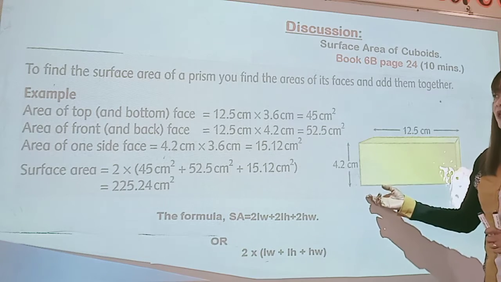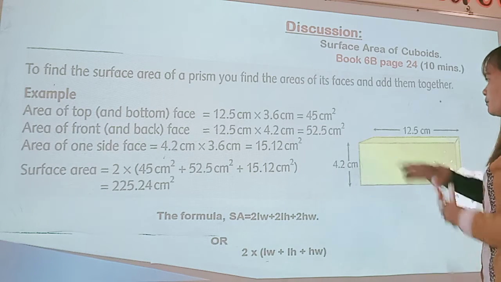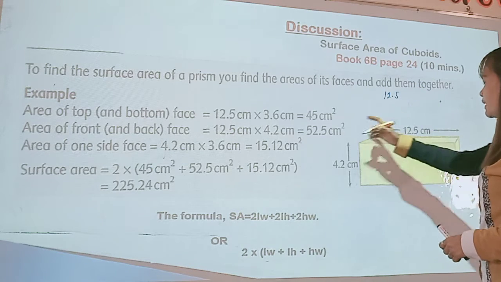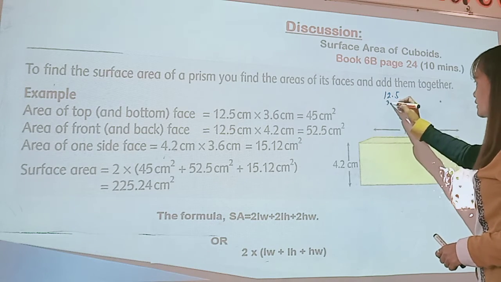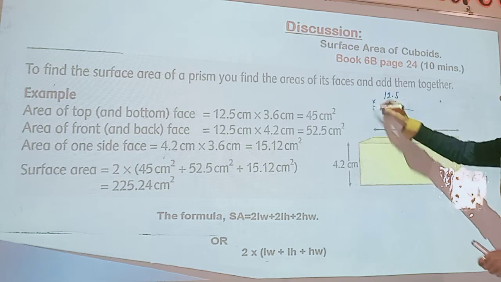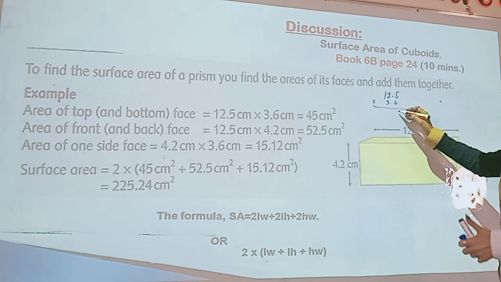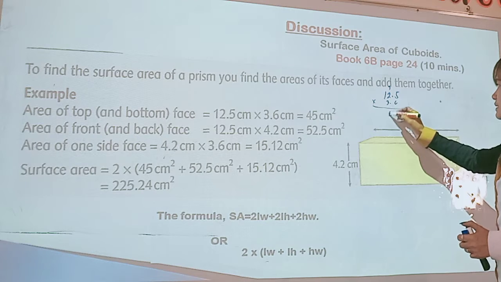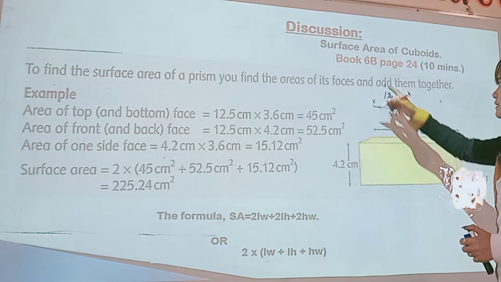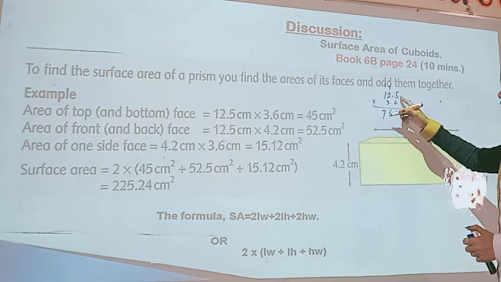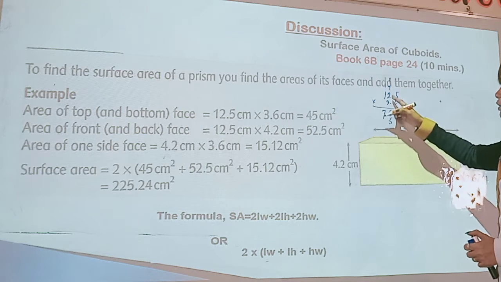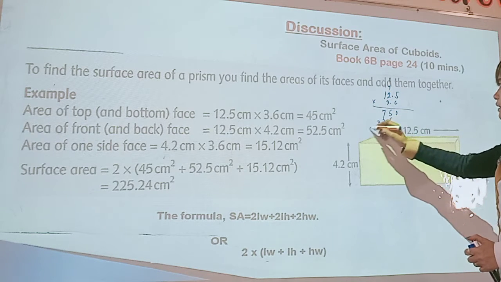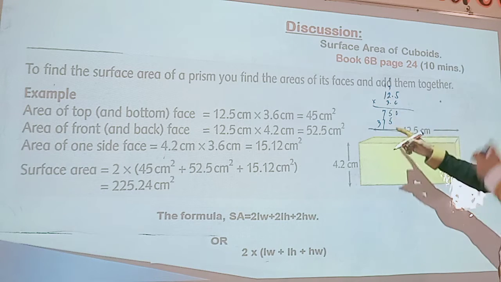How are we going to find the area of the top of the cuboid? By multiplying the length, which is 12.5 centimeters, and the width, which is 3.6 centimeters. Let us multiply. 5 times 6 is equal to 30, carry 3. 2 times 6 is 12 plus 3 is equal to 15. 1 times 6 is 6 plus 1 is 7. 3 times 5 is 15, carry 1. 2 times 3 is 6 plus 1 is 7. 3 times 1 is equal to 3.